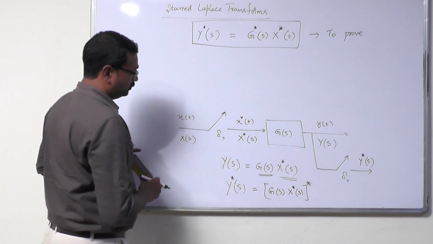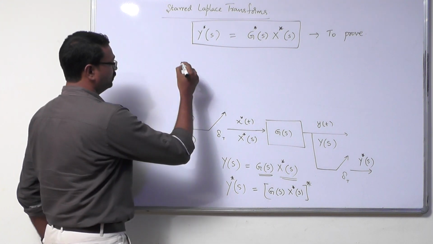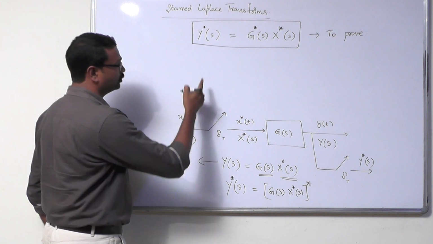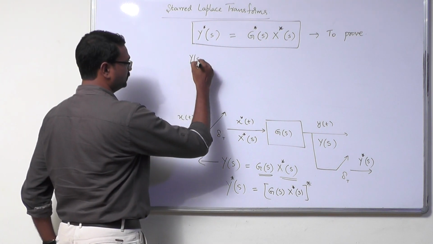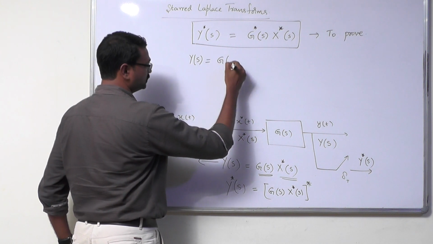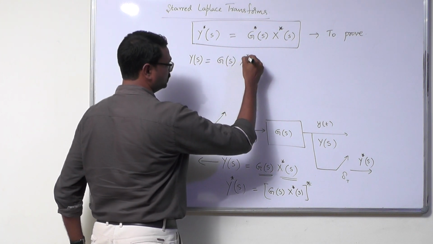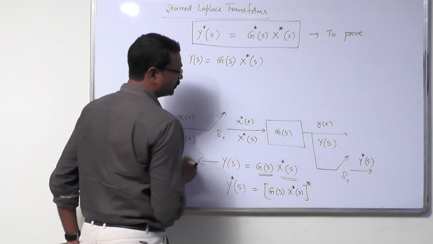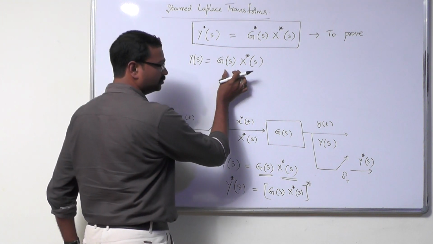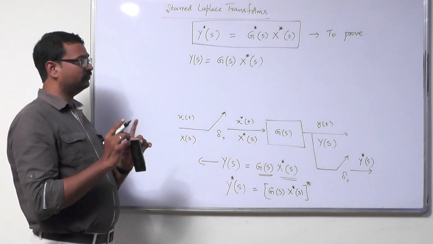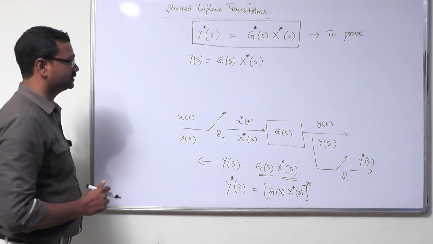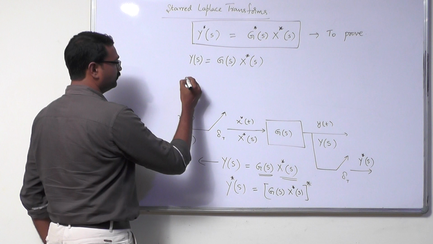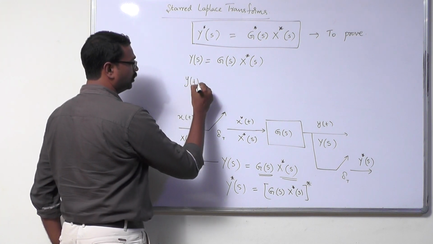Let us use this equation to prove this equation. We have Y(s) is equal to G(s) into X*(s). Now this is nothing but the convolution integral of two different functions. Therefore, if I want y(t), what should I do?